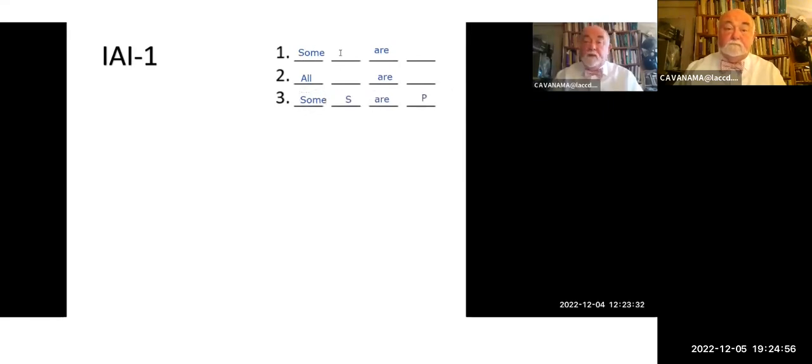Because it's figure 1, we're going to put the middle term here in the major premise, here in the minor premise, and then we're going to put our major term up here in the major premise, our minor term in the minor premise. Okay, there we go. So, some M are P, all S are M, some S are P.